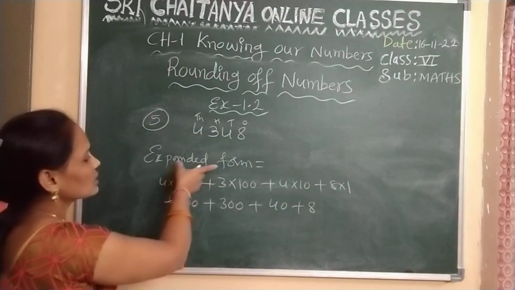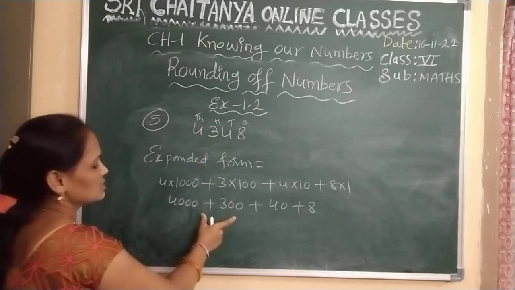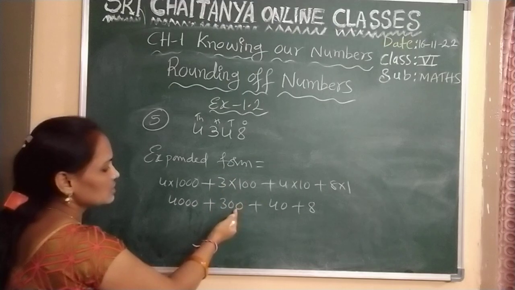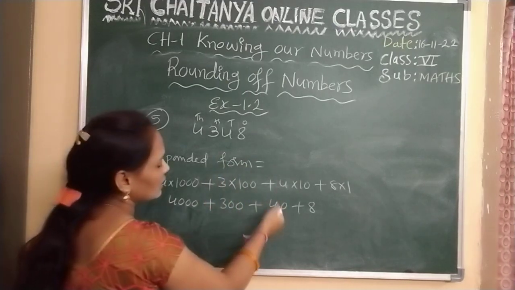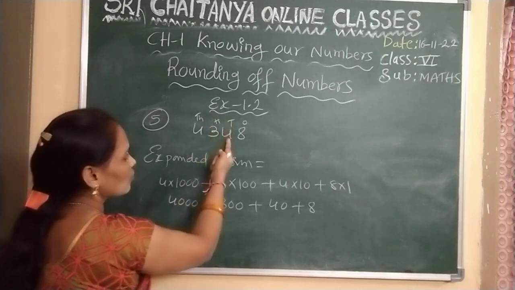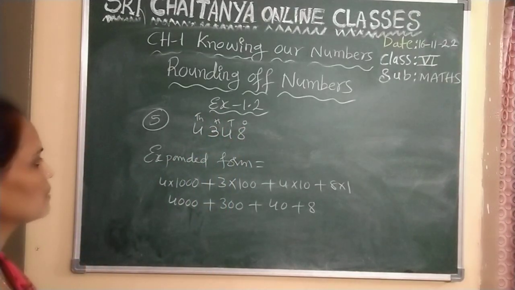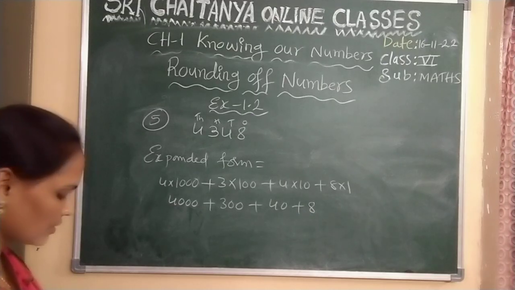So the expanded form of the given number 4348 is 4000 plus 300 plus 40 plus 8. Like this we can write the expanded form of any given number.